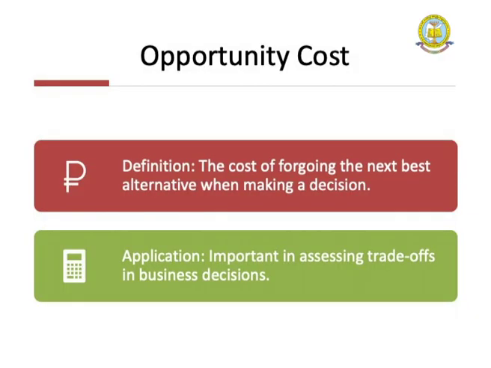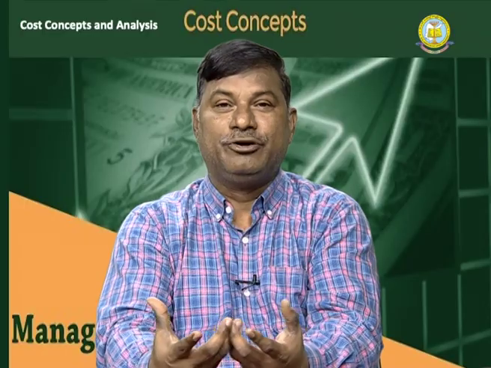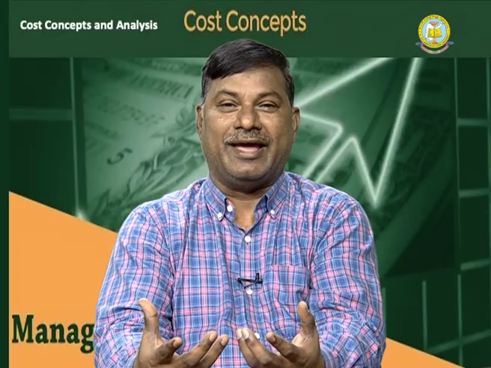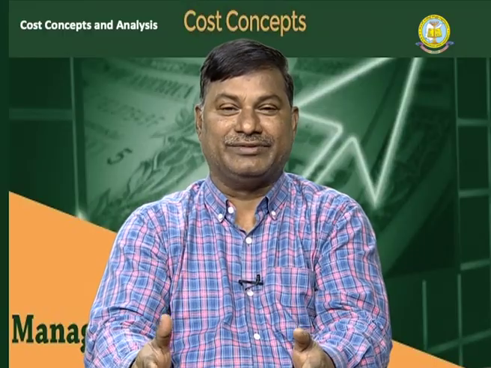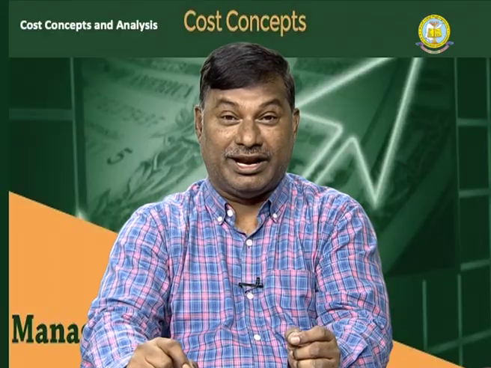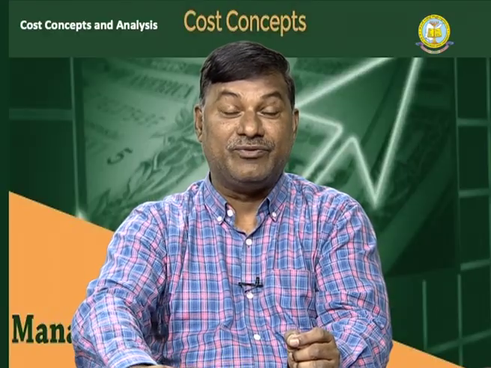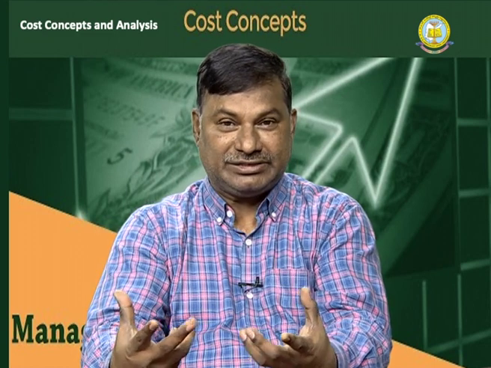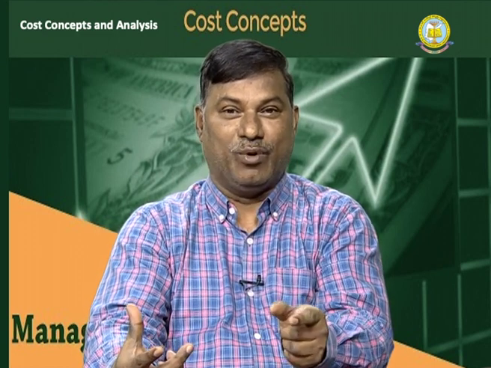Now, it is very important when you are in a trade-off, conflict situation. You are perplexed, confused, confounded about which alternative is the best. At that time, you rank these alternatives and calculate, for not choosing each alternative, what revenue we will be losing, and the best alternative you consider number one, right?